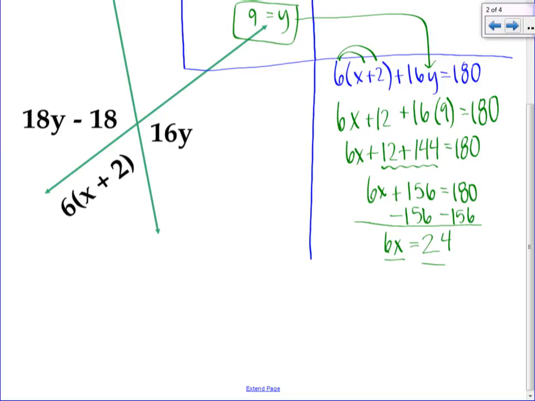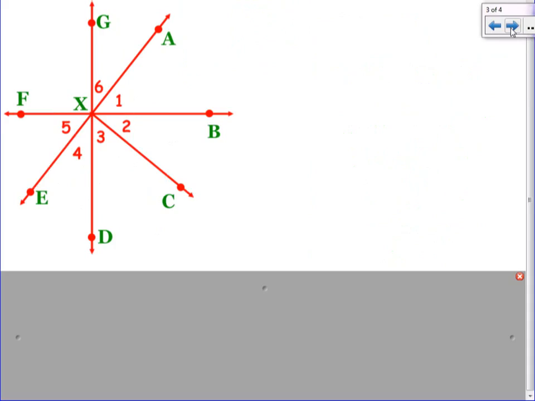Divide. So we got our two answers, 9 and 4. Yep. Okay. Questions on that? Good. We've done problems like that in the past, so hopefully we're good to go on that.